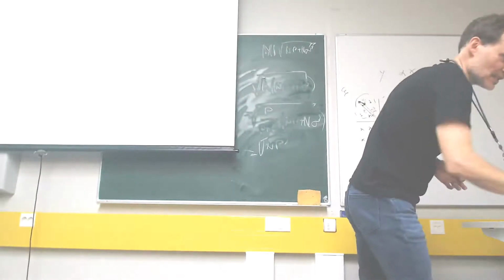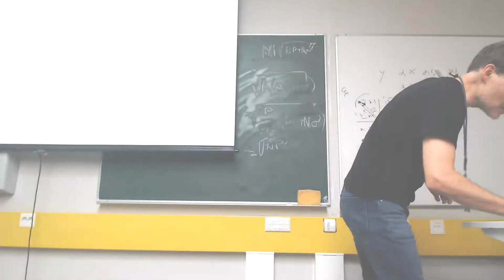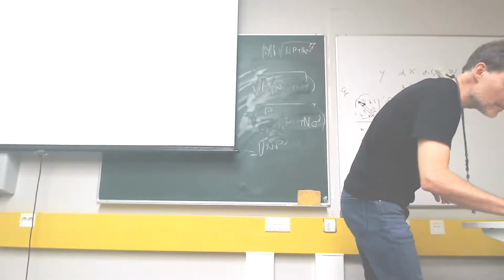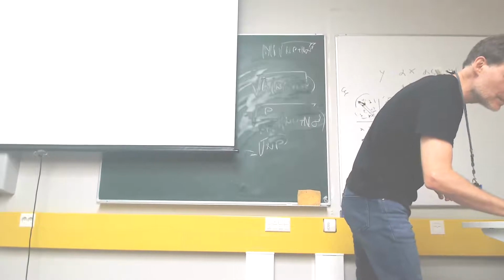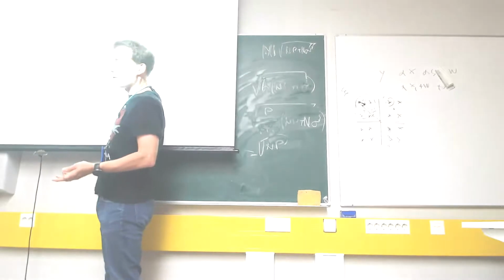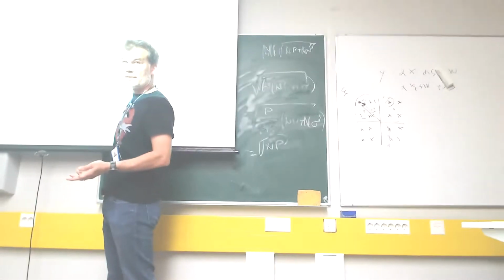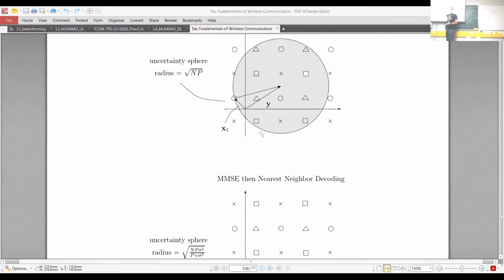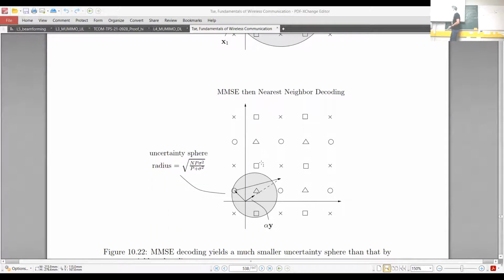Also in the book, there's an example about this noise sphere scaling, figure 10.22. Uncertainty region. Like now, the noise is large with respect to X, right? But after scaling by this optimum alpha, the noise sphere is reduced, while the X sphere, of course, is the same.